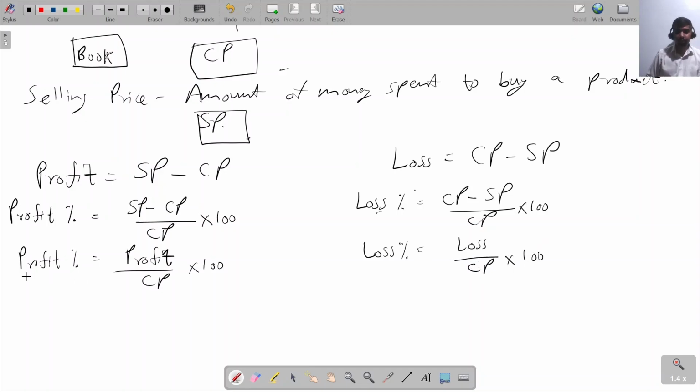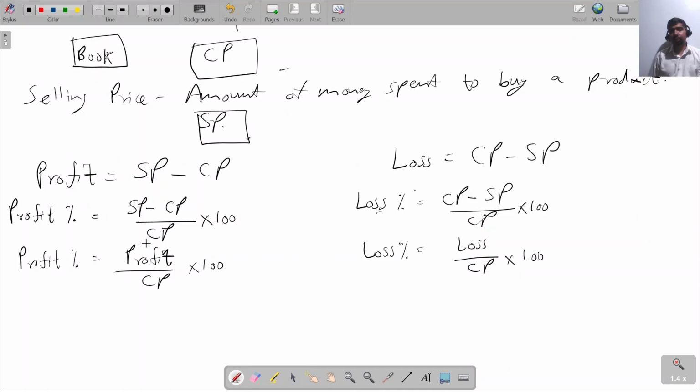Now look at a few things. In profit percent and loss percent, you always have CP at the bottom. CP always stays at the bottom. Profit percent is when you have profit, loss percent is when you have loss. Simple. One more question: why is CP in the denominator?